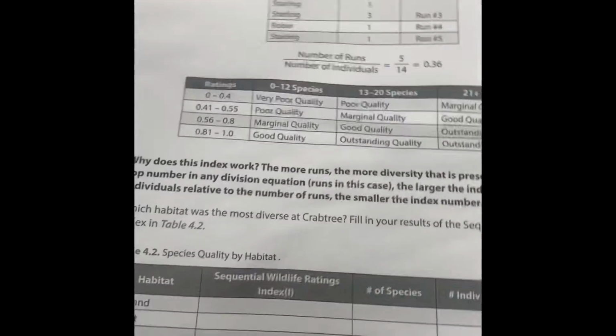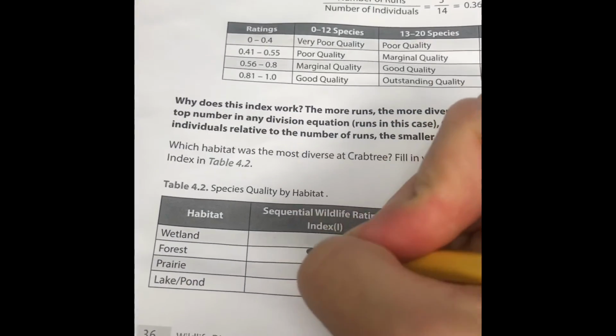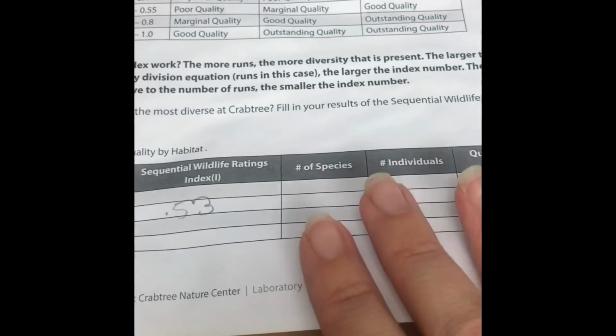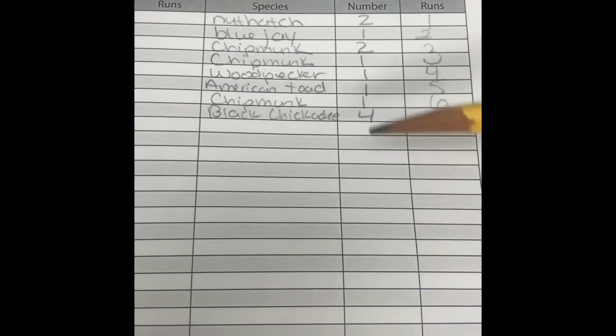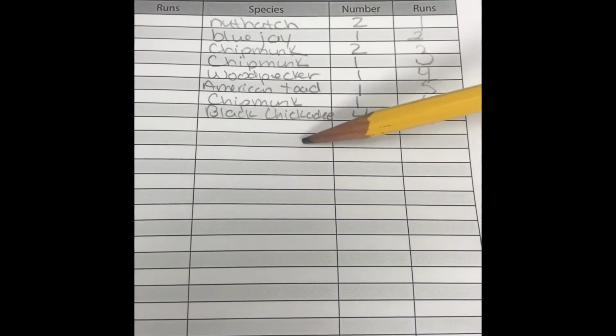Okay, so down here in my table, I would go to forest. I'm going to write that number, which was again 0.53. I'm also going to include the number of species that I found. The number of species is not necessarily the same thing as the number of runs or the number of individuals. This is actually just the number of different types of things we're seeing here.